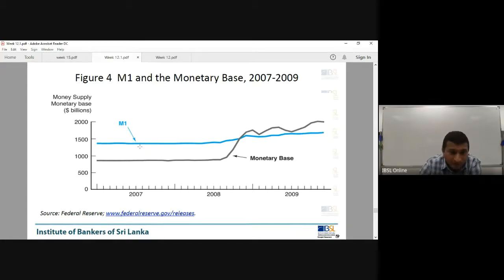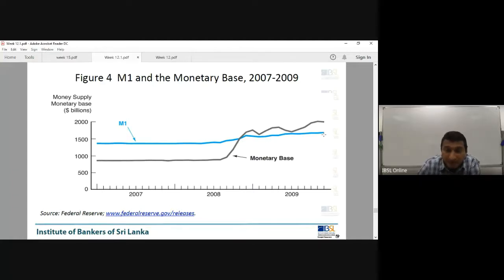If you look at these numbers, M1 as 1,400 equals small m times monetary base MB, which is 800 here. So you can put that into the equation and see that the monetary base is greater than the money supply.